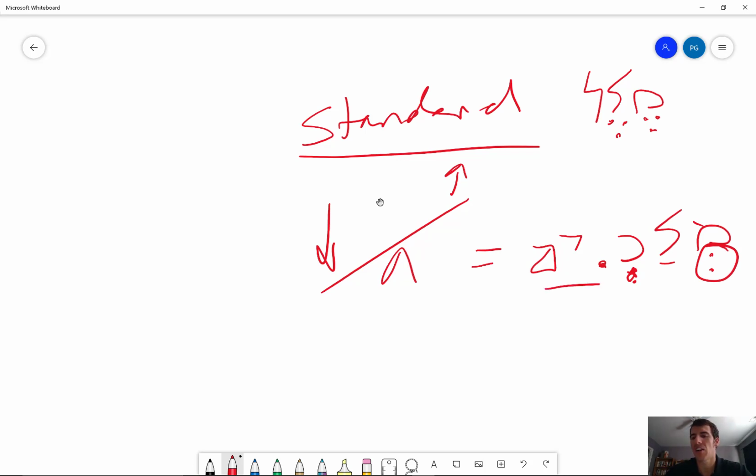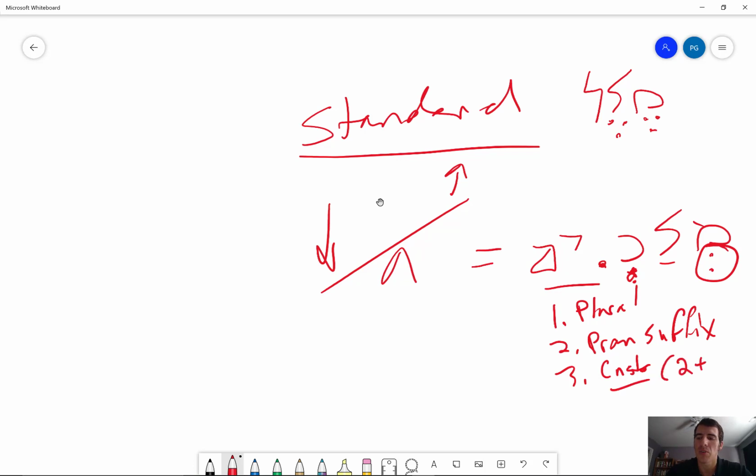Whenever things are added onto the back, you have the shortening of vowels. Now that could include a plural ending. It could include a pronominal suffix, or it could include a construct phrase. Because a construct basically is telling you that two or more words are being read together. That's the point of the construct.